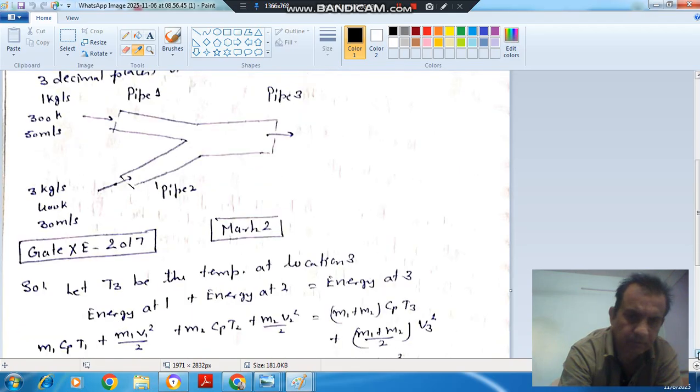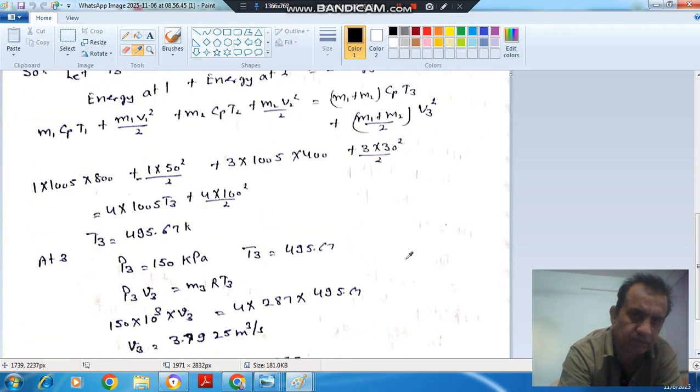So solving this for T3, because here the only unknown is T3, T3 comes out as 495.67 Kelvin. Now pressure at P3 is given, that is 150 kPa.